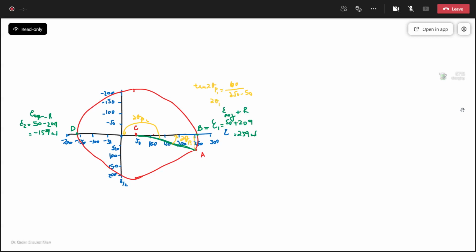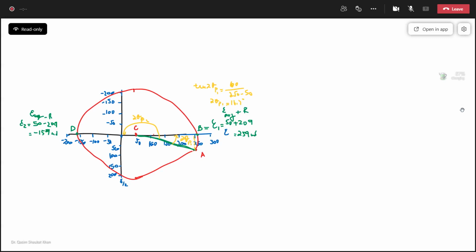Okay, 2 theta p1 is 16.7, that is correct. और आपका थीटा p1 बन जाएगा 8.35 डिग्री, करेक्ट है, ठीक है जी.